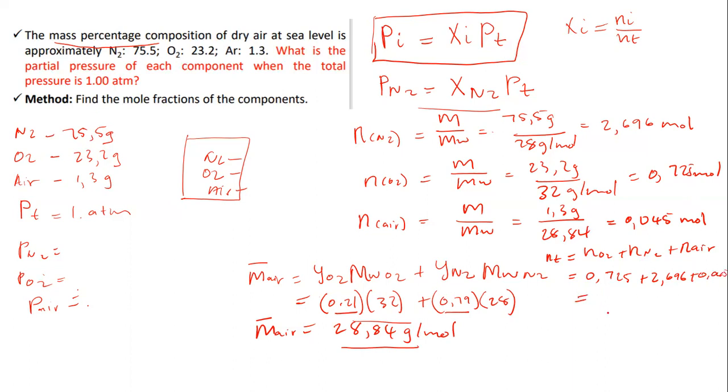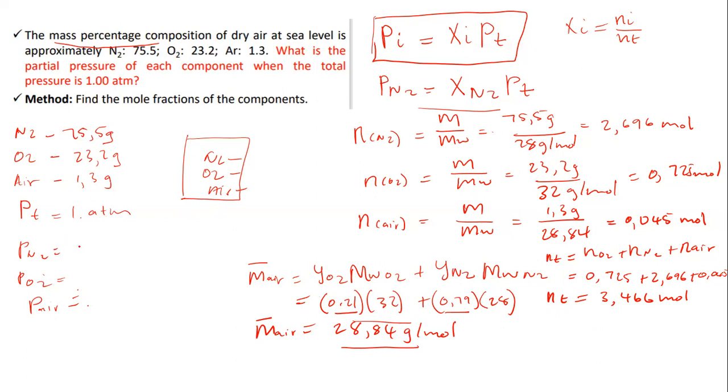We add them together: 0.725 plus 2.696 plus 0.045, and we get our total number of moles to be 3.466 moles. This is the total number of moles of nitrogen, oxygen, and air.